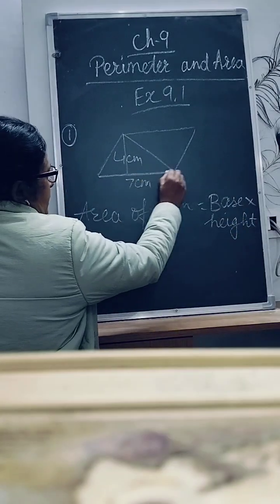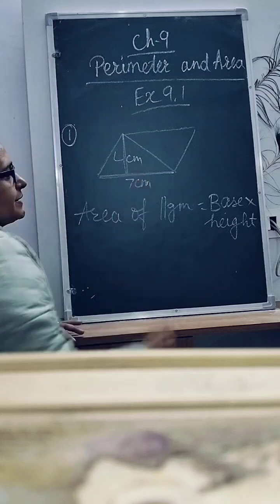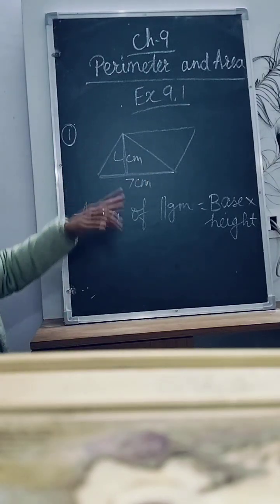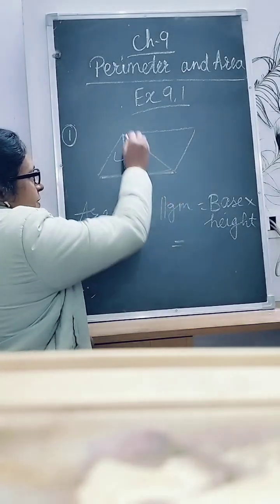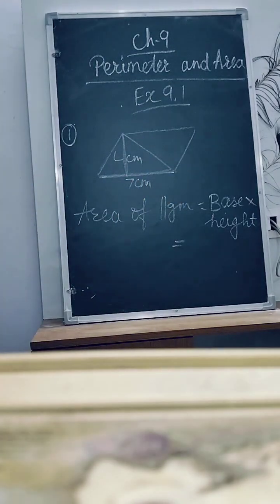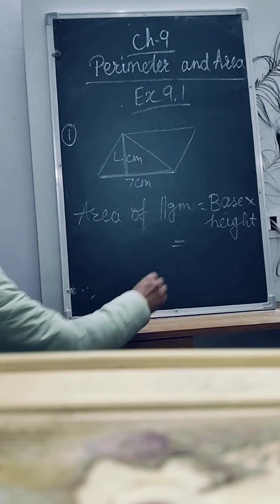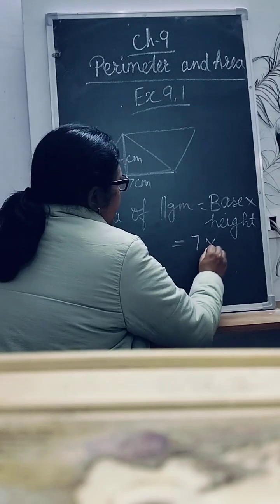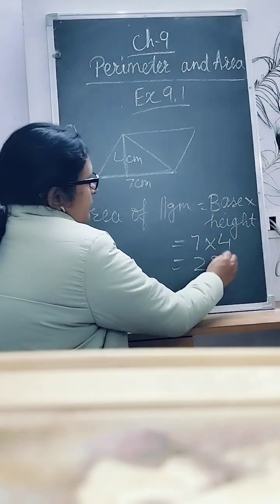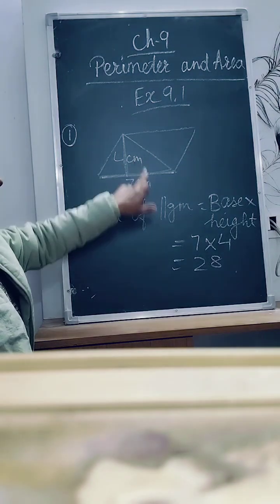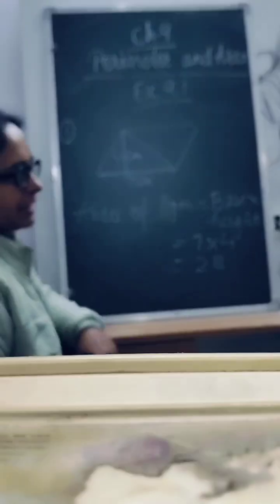Base, this one; height is always straight. On the base, the height would be straight. So base is 7, height is 4, 7 into 4 is 28.